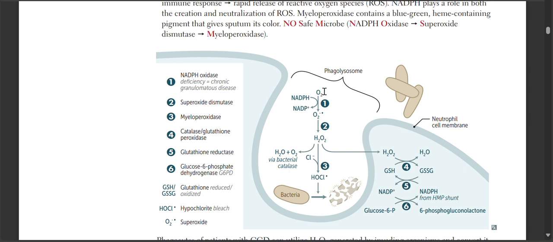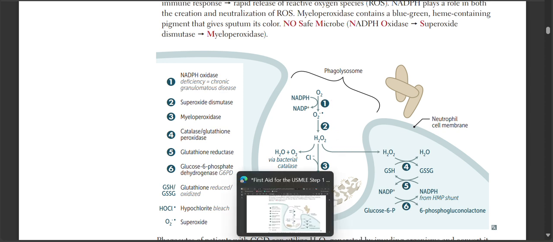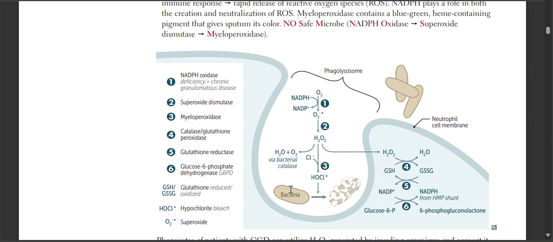It makes it from oxygen. It takes the oxygen, adds an extra electron, converts it into peroxide. Then it adds some chlorine to the peroxide, and in the process you make some bleach. Bleach is very effective at killing bacteria. So that's the oxidative burst in short.